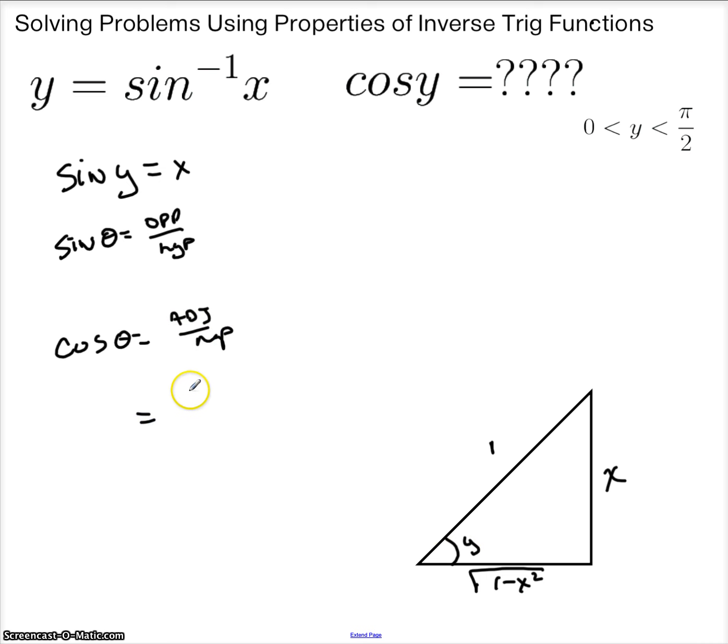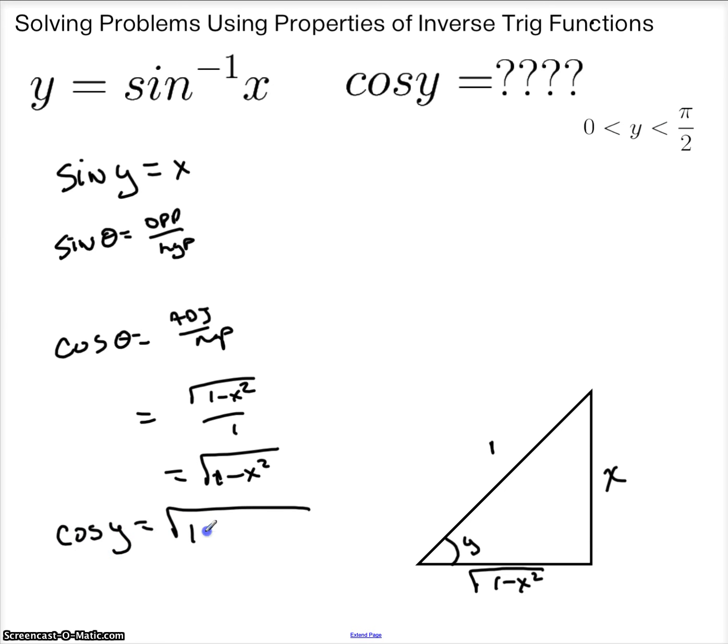So this becomes the square root of 1 minus x squared over 1, or just the square root of 1 minus x squared. So my answer to this question is cosine of y is the square root of 1 minus x squared. Done.